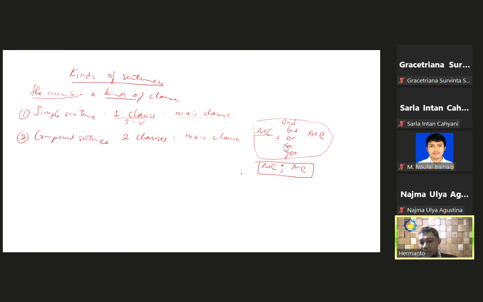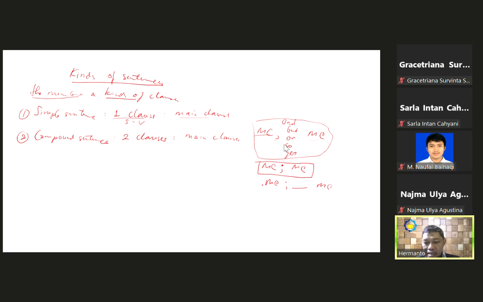Sometimes main clause, semicolon, and then a conjunctive adverb, for example however, moreover, furthermore, and so on, and then a main clause.